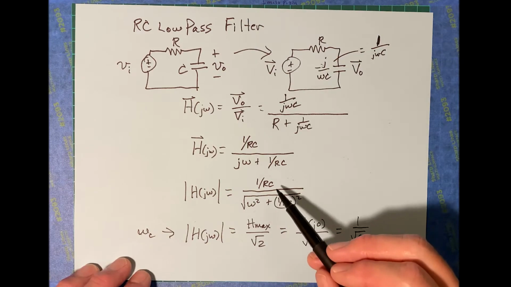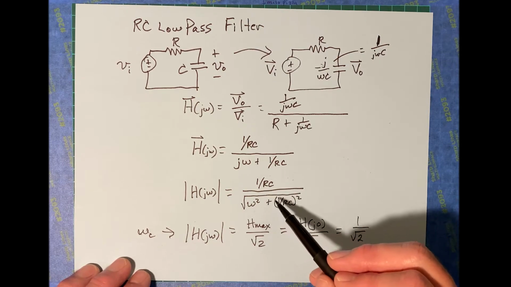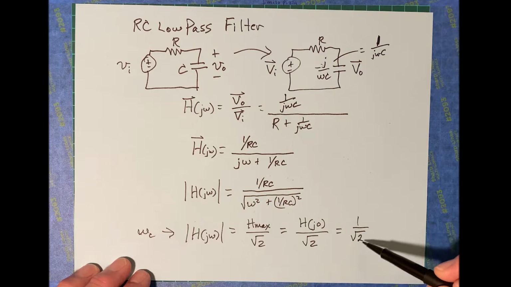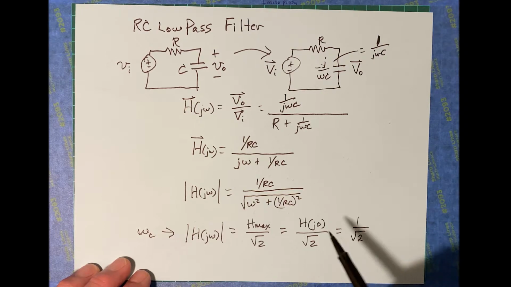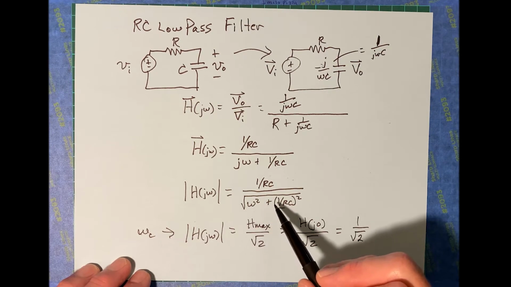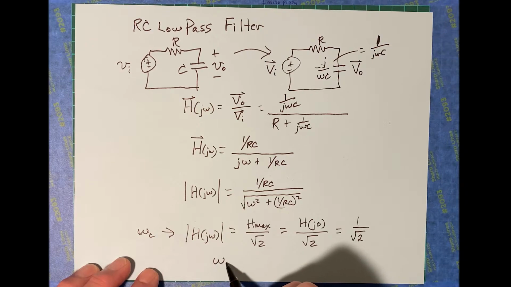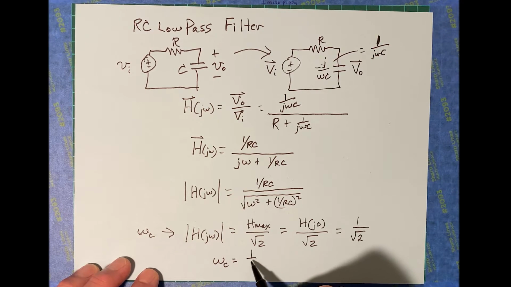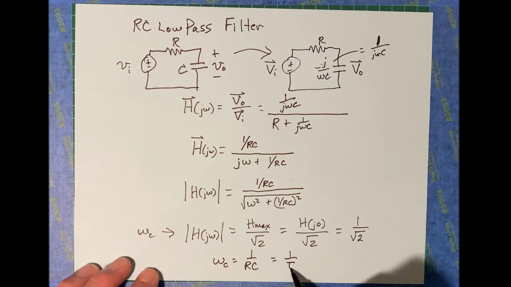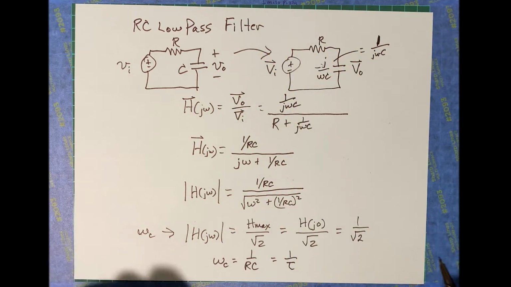So we set the magnitude of the transfer function equal to 1 over the square root of 2, and solve it for omega sub c. And when you do that, here's what you get. That. Again, this is 1 over tau for an RC circuit.